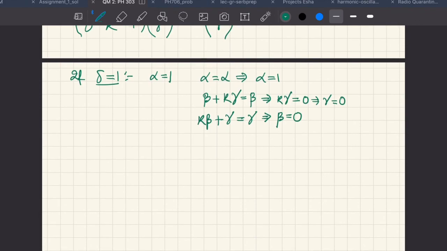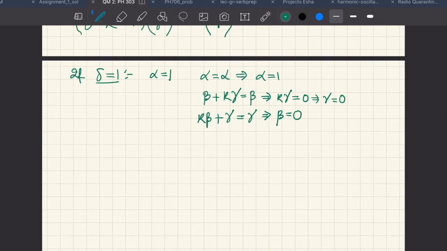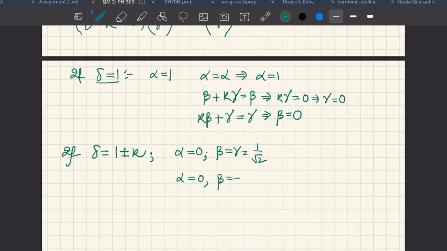In this manner, if you try to again choose delta equal to 1 plus or minus kappa, then you will end up with two different sets. One is alpha equal to 0, beta and gamma equal to 1 by root 2. Another one is alpha equal to 0 corresponding to 1 minus kappa, beta is equal to minus gamma, which is equal to 1 by root 2.